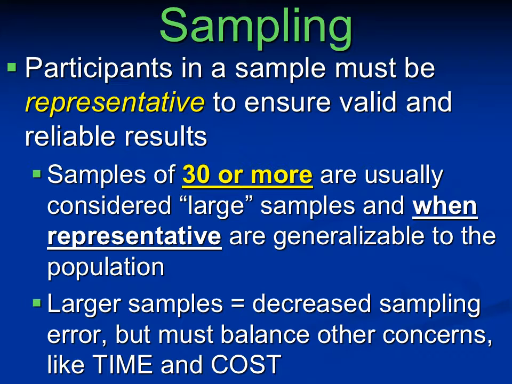And under very carefully controlled conditions, a very small but representative sample is going to give you an accurate ballpark estimate. So basically, in research design, the science of research isn't necessarily improved by having a sample that is quite a bit larger, right? In fact, as you saw in the reading, samples of just 30 or more are usually considered large samples, and when they are representative of the population, well randomized, they're going to be generalizable as a general matter to the population.